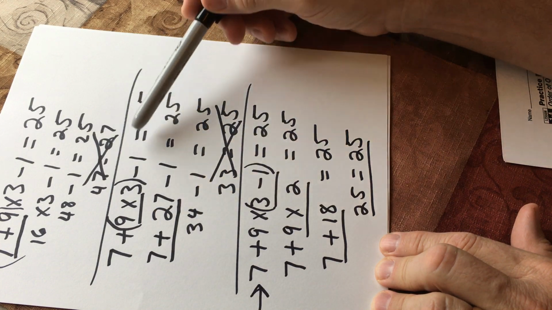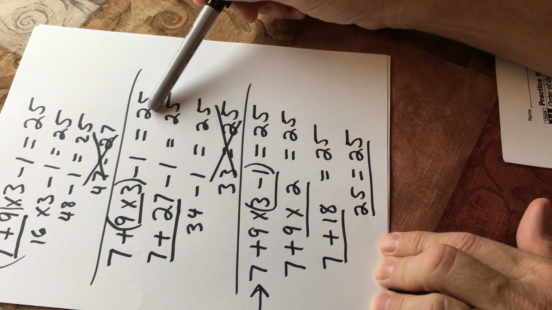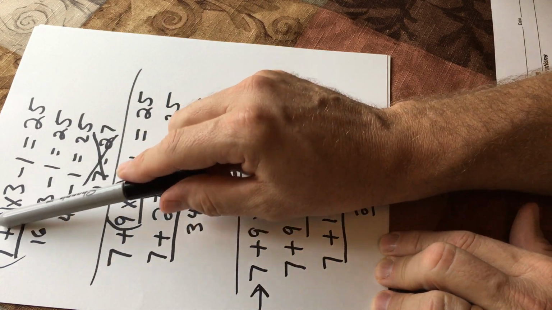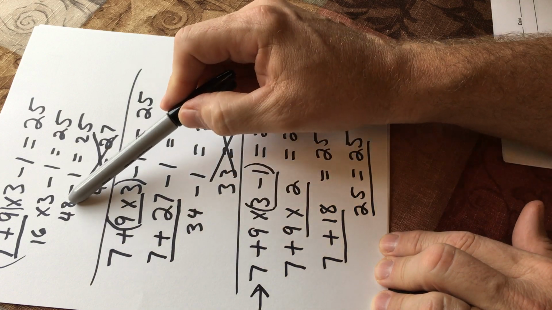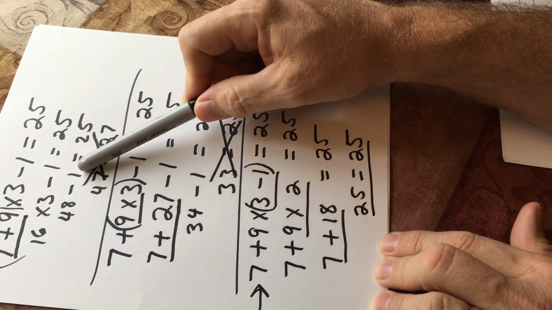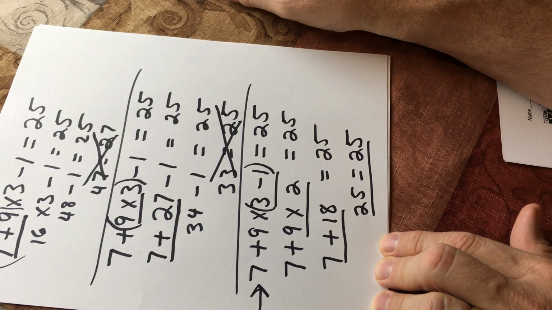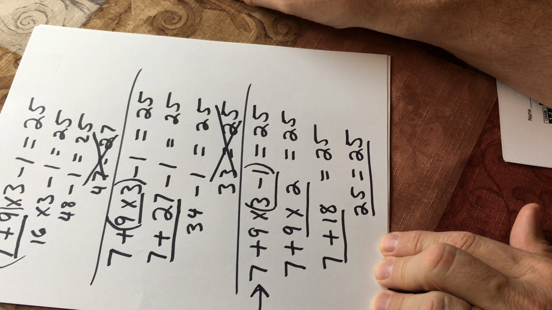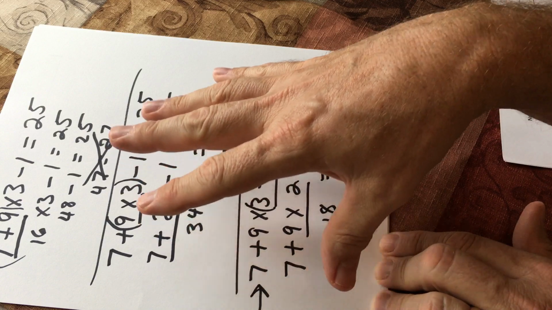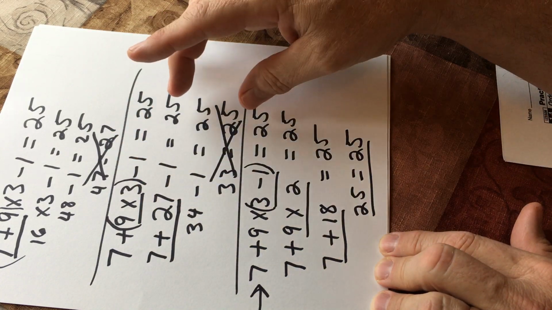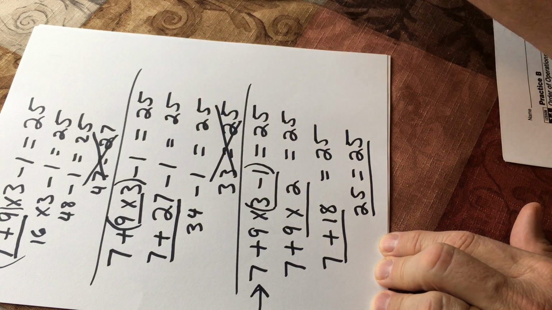My goodness, well, there's no way that subtracting 1 is going to get us all the way down to 25. And over here, when we build up to 16 times 3, well, wow, look, we got all the way up to 48. There's no way minus 1. So sometimes you're just going to have to look at it kind of as common sense. If I do this, am I going to end up with a really big number that's going to put me nowhere close to what I'm trying to reach on the other side?